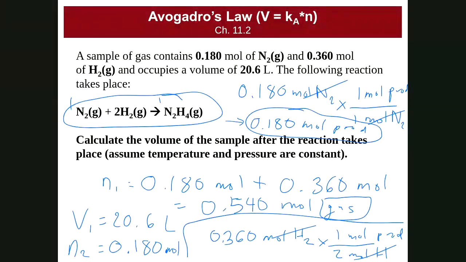So now we have N1, V1, and N2. So now we can calculate V2. So I'm going to erase. So remember, N1 was the sum of the gases, the sum of our reactants. So it was 0.54 moles. All right.